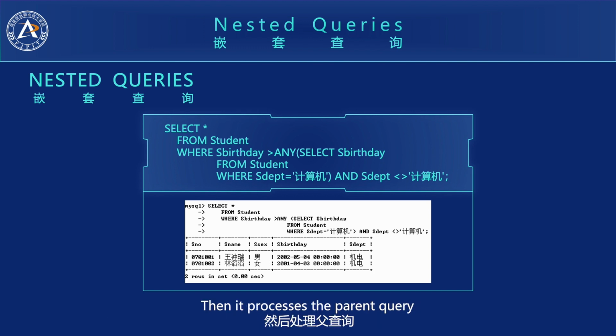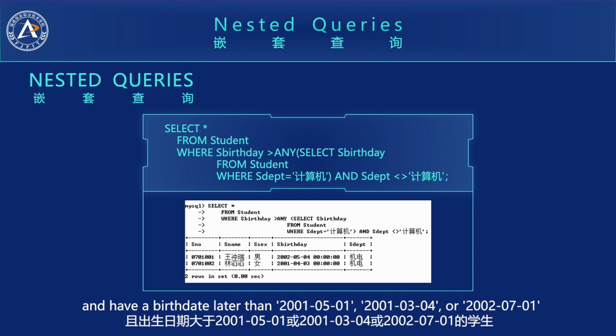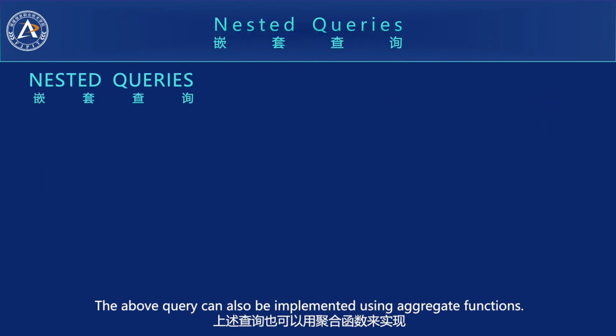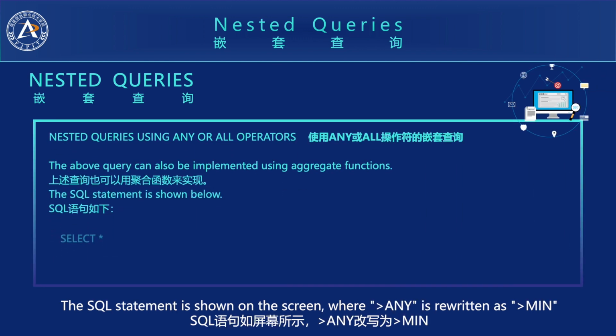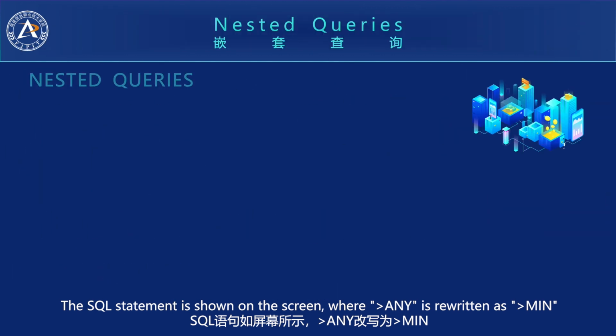Then it processes the parent query to find all students who are not in the Department of Computer Science and have a birth date later than the 1st of May 2001, the 4th of March 2001, or the 1st of July 2002. The above query can also be implemented using aggregate functions. The SQL statement is shown on the screen, where is greater than ANY is rewritten as is greater than MIN.